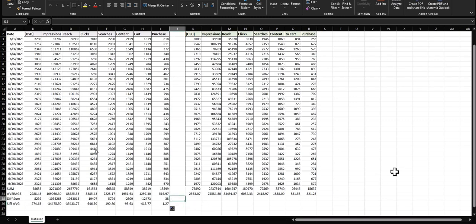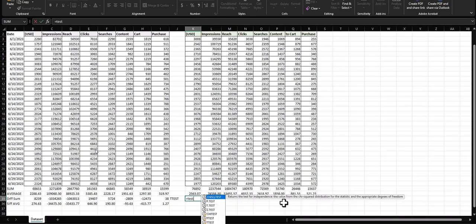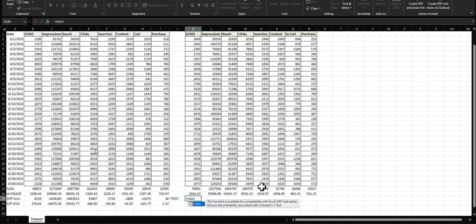And then right here, I'm going to put the t-test results. To make it really simple on me, I should probably put another t in there: t-test. I pick my first array, comma, pick my second array, comma.